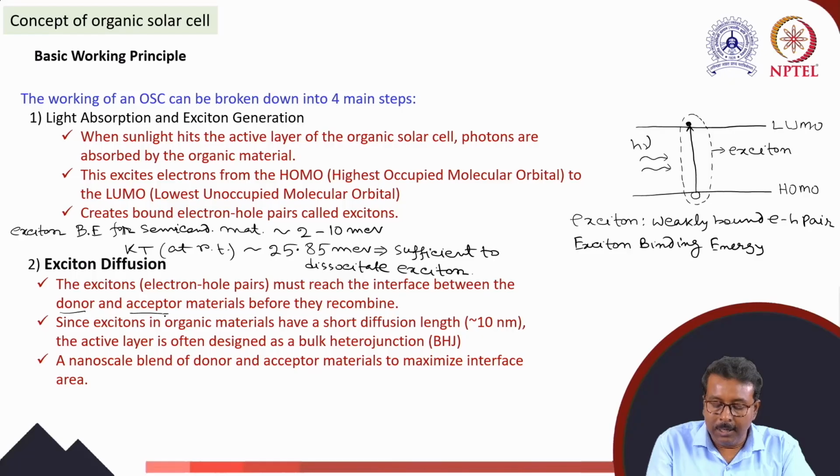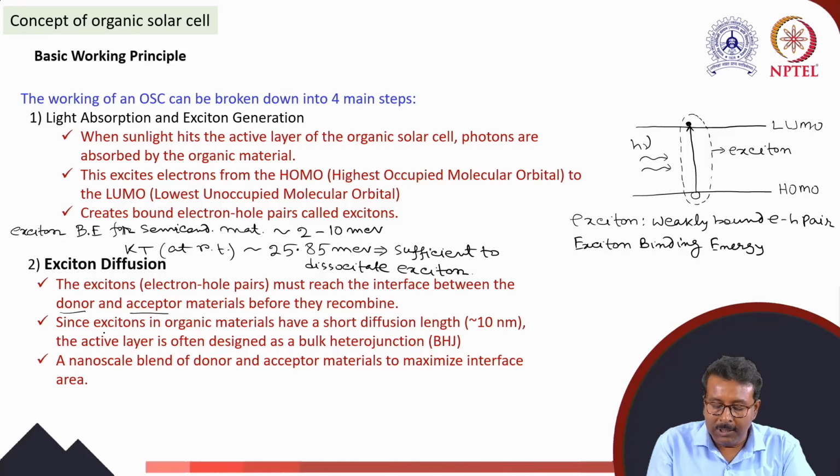The donor always tries to donate electrons, and the acceptor likes to take electrons. So when the exciton reaches these donor and acceptor materials, they get some force which can dissociate them from weakly bound to free. So that's why in case of organic solar cell, donor and acceptor materials need to be blended within the active material.